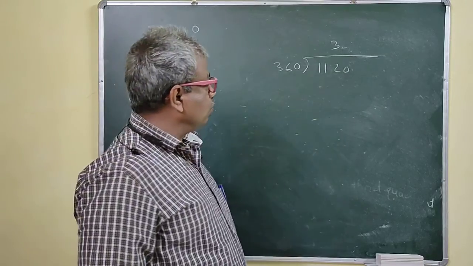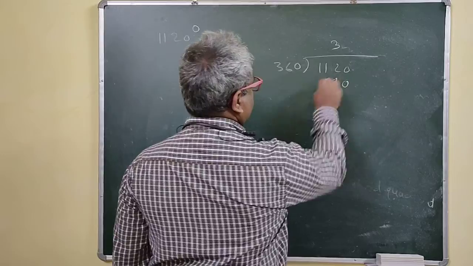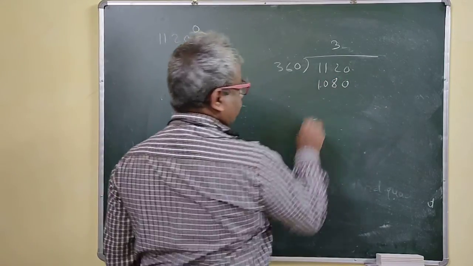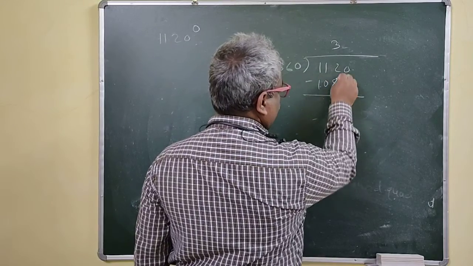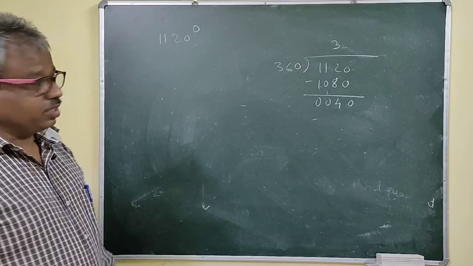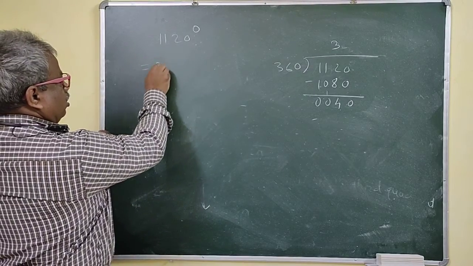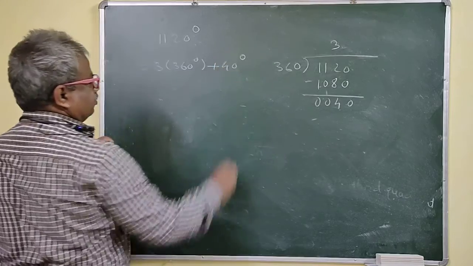Do the subtraction, and the remainder is 40 degree. So this is 3 into 360 degree plus 40 degree.